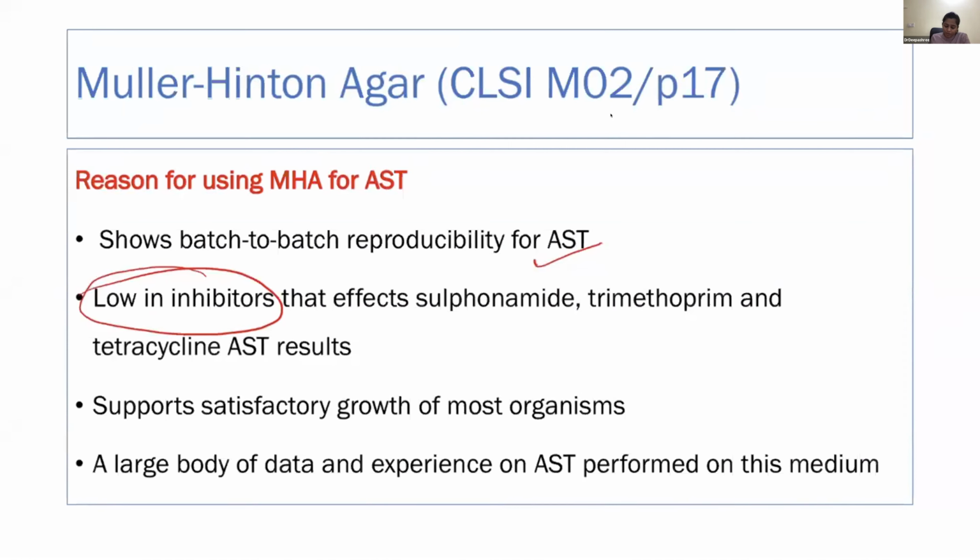So it's very important to take care of this, and it supports the growth of most of the pathogenic organisms. That is why MHA is chosen. The reproducibility of results is very good, it has been used from ages, and it has also been tested by many agencies that it works very well. So Muller-Hinton Agar is the most commonly used media for disc diffusion. Yeah, and these are the reasons why we choose Muller-Hinton Agar.